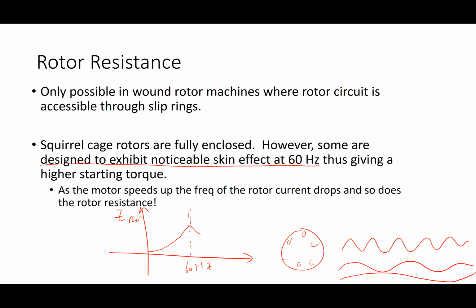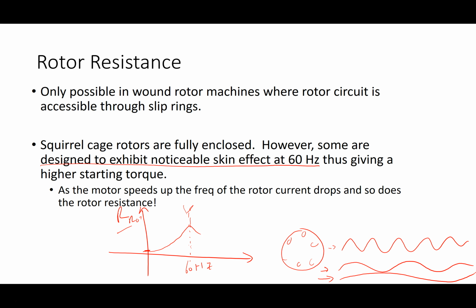So if you use a metal which gives you considerable skin effect at 60 Hertz, you get a larger resistance. Let me put this as R, so it's clear what we're looking at. You'll get a larger resistance at 60 Hertz, and then as the frequency is reduced, that resistance will become smaller and you will get less losses in the system, and your maximum torque will shift closer to the steady state operating point.